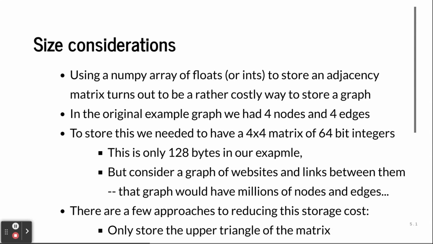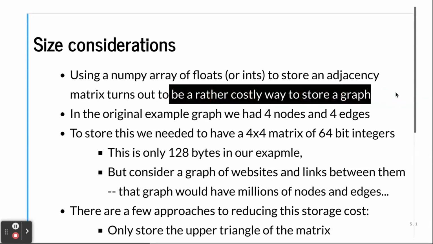Using this two-dimensional array of floats or integers is not a problem when the graph is small. However, as the size of the graph grows in terms of number of nodes and edges, the way we think about storing our graph or representing it to the computer can matter a great deal.